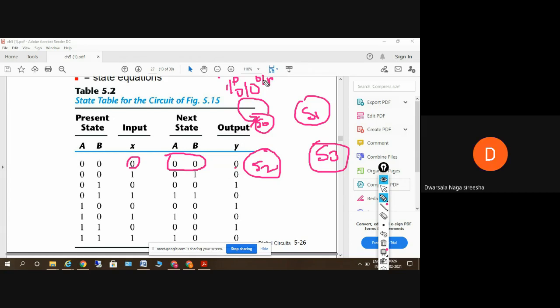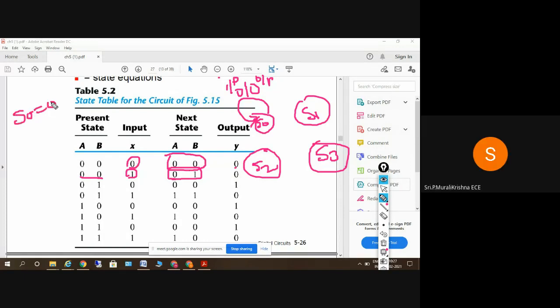Okay, and from S0, if input is given as 1 here, what is the next state? 0 1, sir. I gave the names, right?